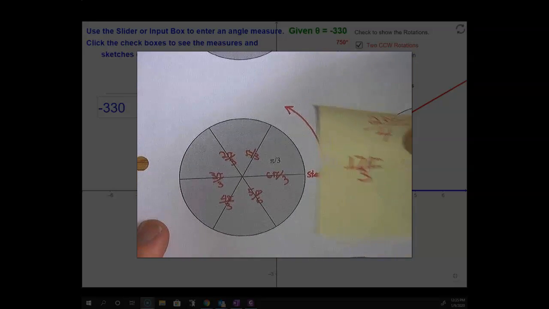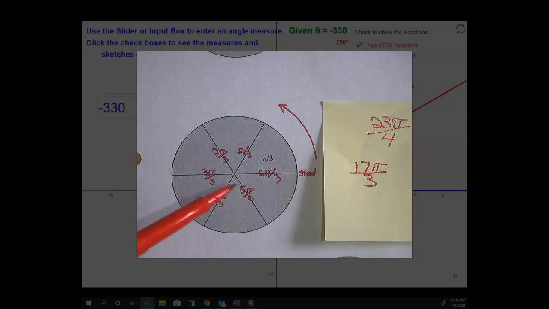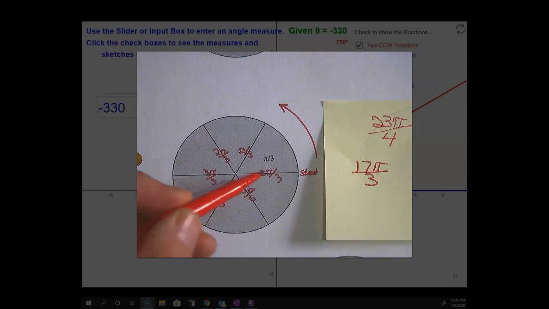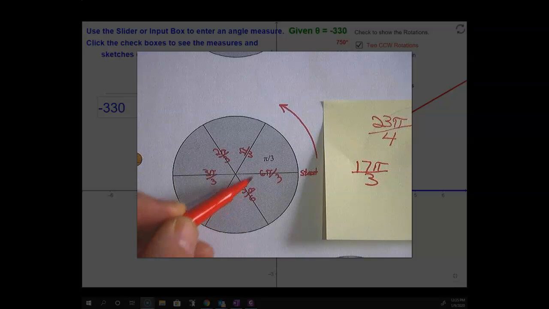Now where would 17 pi over 3 end up? You can just count 1, 2, 3, 4, 5, 6, 7, 8, 9, 10, 11, 12, 13, 14, 15, 16, 17.